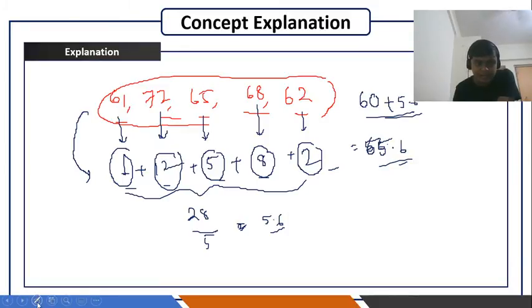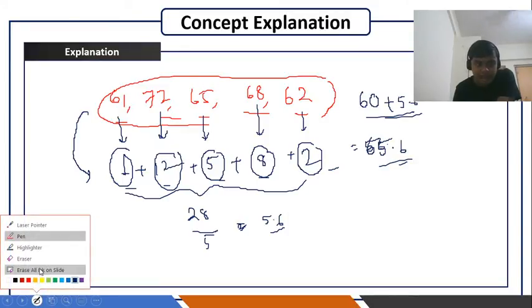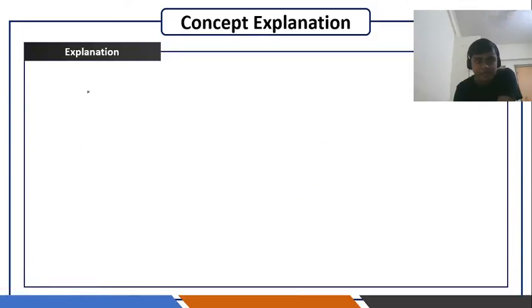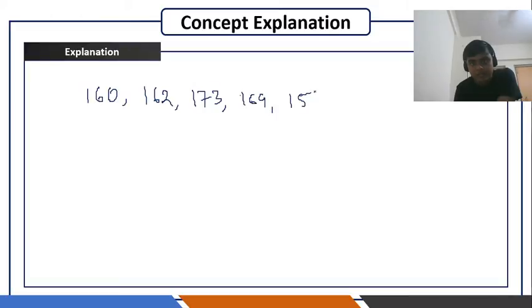Let's take another example. Let's say the heights of the 7 people present in the class are 160, 162, 173, 169, 154, 180, 181.